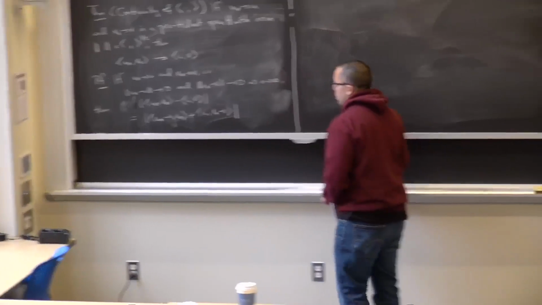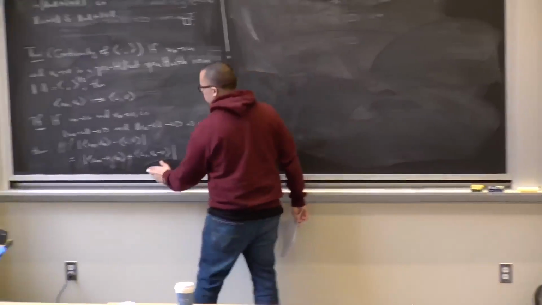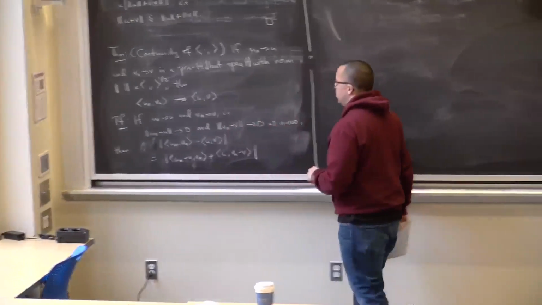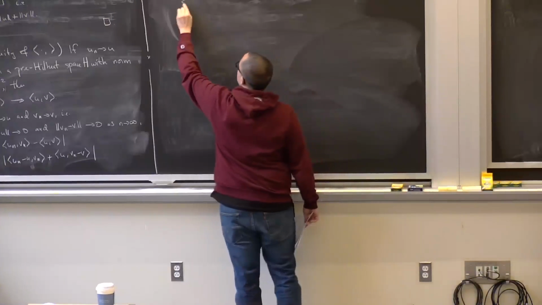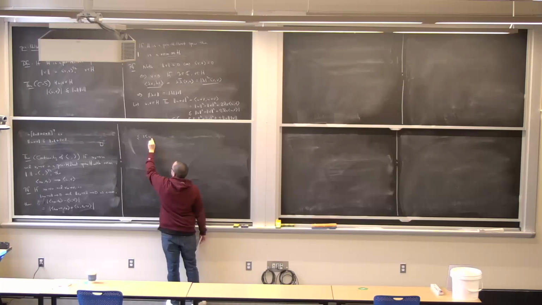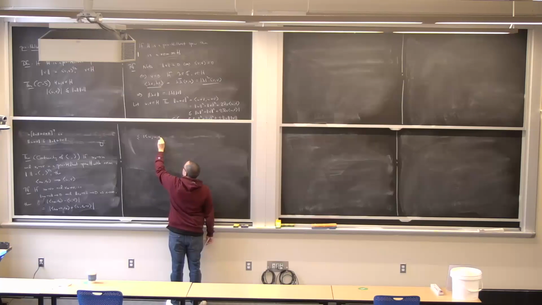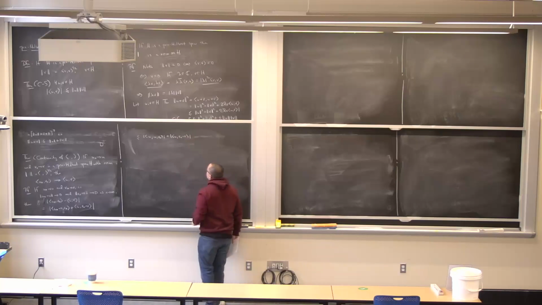And by the triangle inequality, just for the modulus or absolute value of complex numbers, that's less than or equal to the absolute value of the inner product of u_n minus u with v_n, plus the absolute value of the inner product of u with v_n minus v.